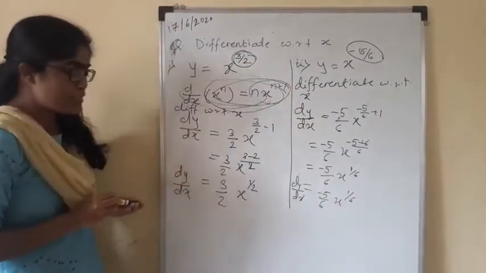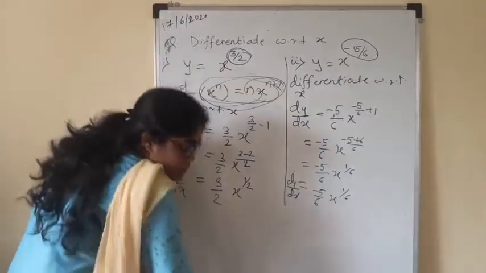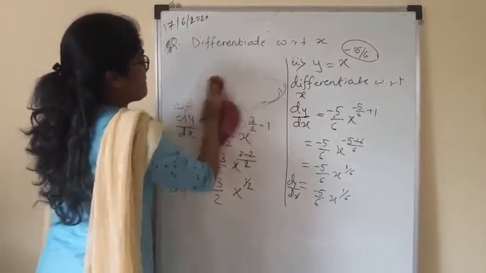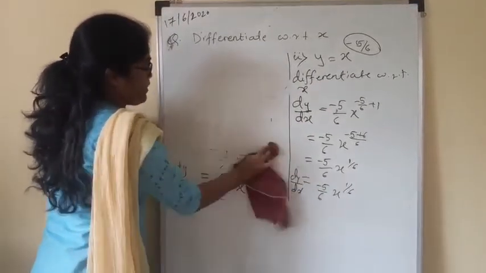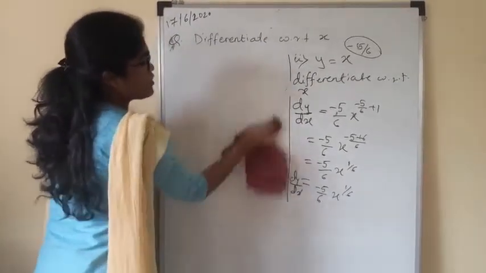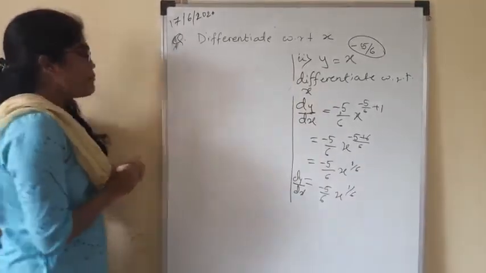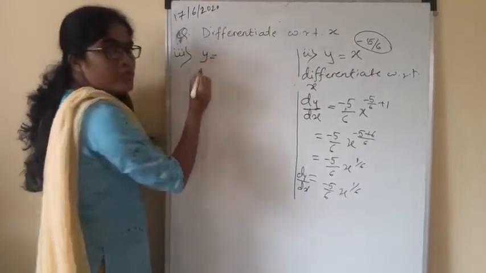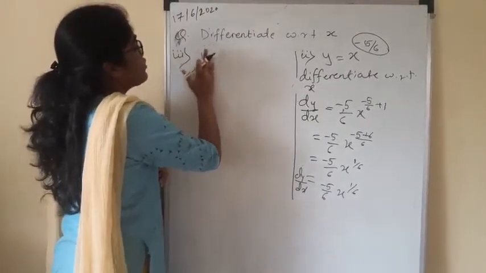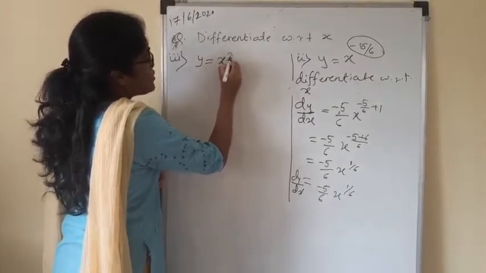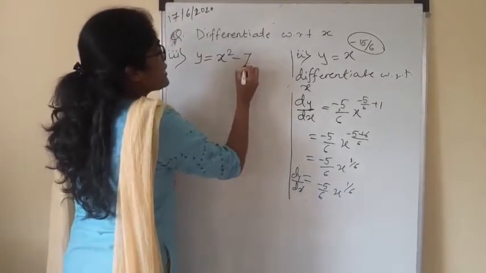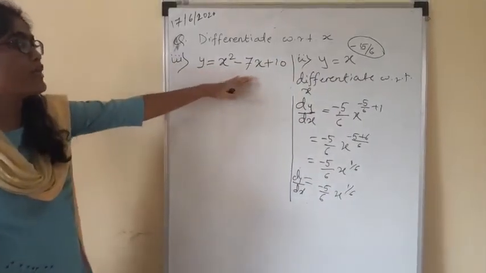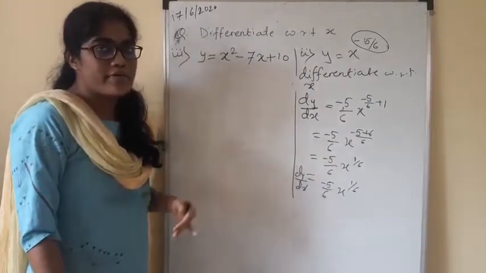So we will see the next example. Next example, third one: y is equal to x square minus 7x plus 10. Y is equal to x square minus 7x plus 10 is the given function.